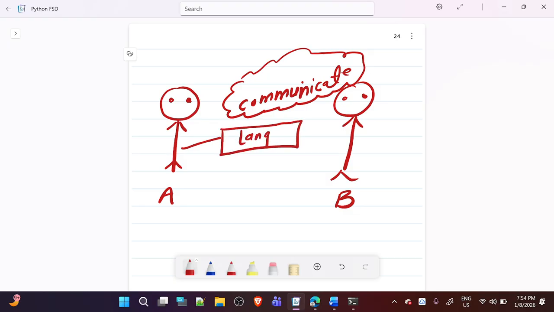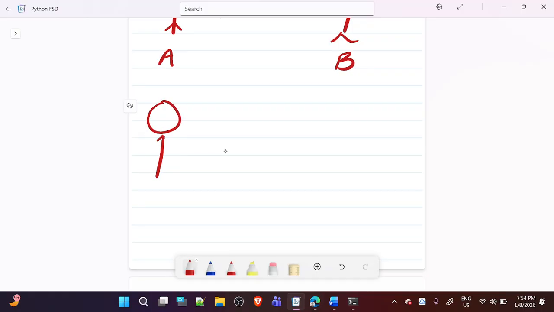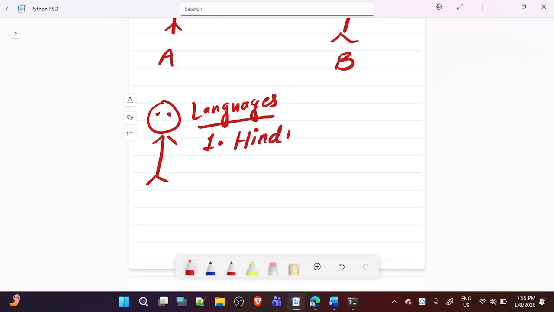For example, a person can understand languages such as the Hindi language, the English language, the Telugu language.